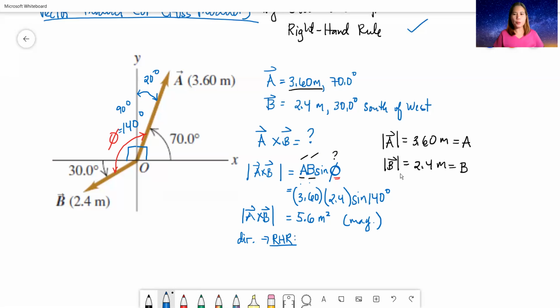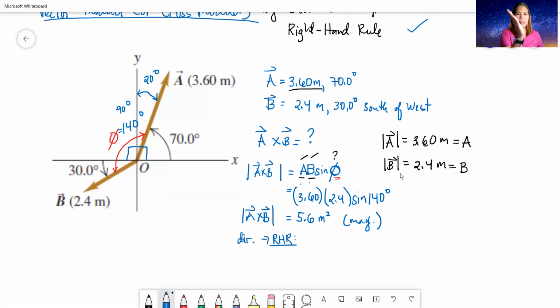Okay? So we will orient our fingers comfortably from the first vector to the second vector. So since the first factor is A, I can just do it this way.